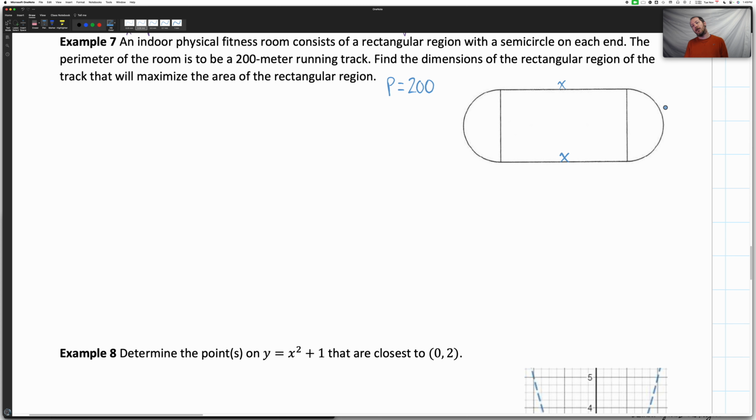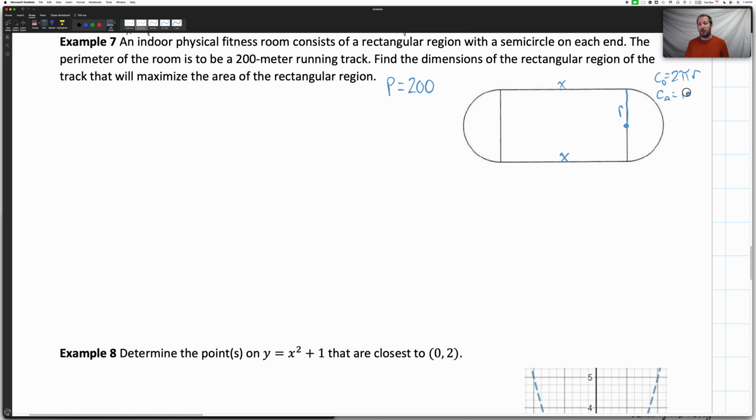And then for the semicircle here, the radius is going to be half of the height of this rectangle here. And so the circumference of a circle is 2 pi r. So the circumference of a semicircle is half of that.